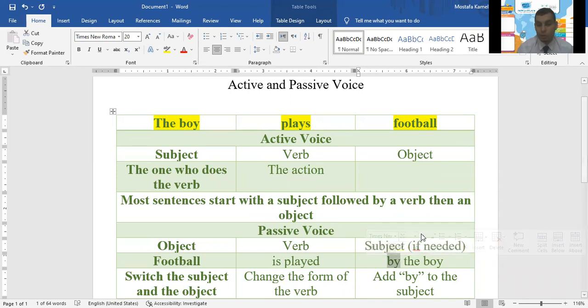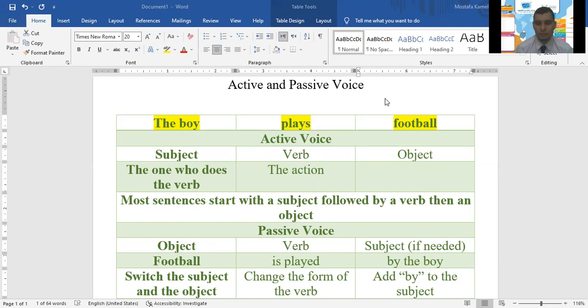Okay, so I'm open for questions now. Mr., will the active voice also come in the questions in the booklet, and the passive voice? Everything's in the booklet.